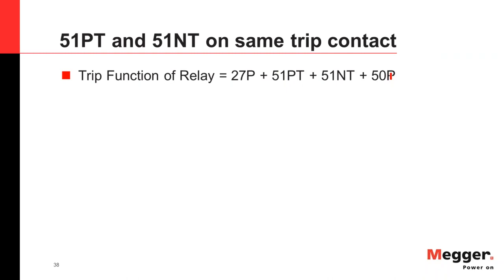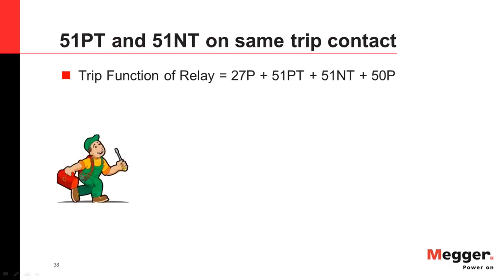I have these 4 elements for my trip function, and they are associated with the same trip contact. So according to the logic, if any of these conditions happen, my trip contact will give a trip, and it will trip the breaker. So how do you test it?